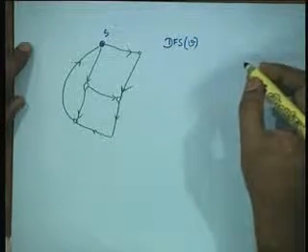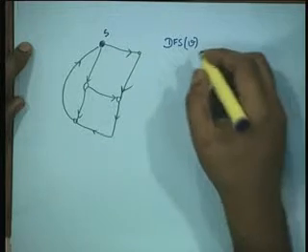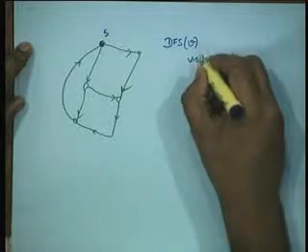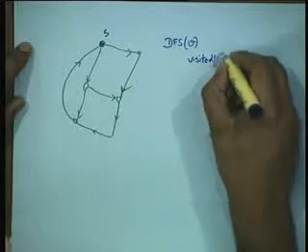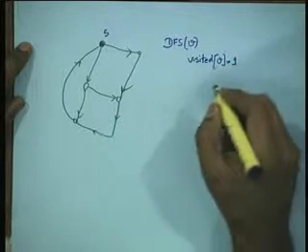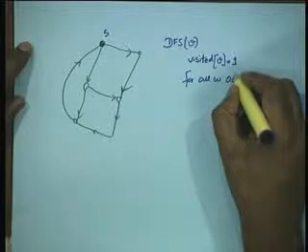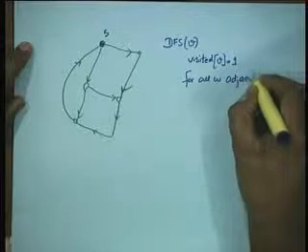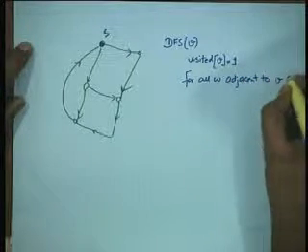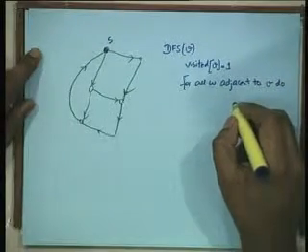Depth first search from a vertex v, what did we do? We set visited v to 1 and then for all w adjacent to v, what do you do?